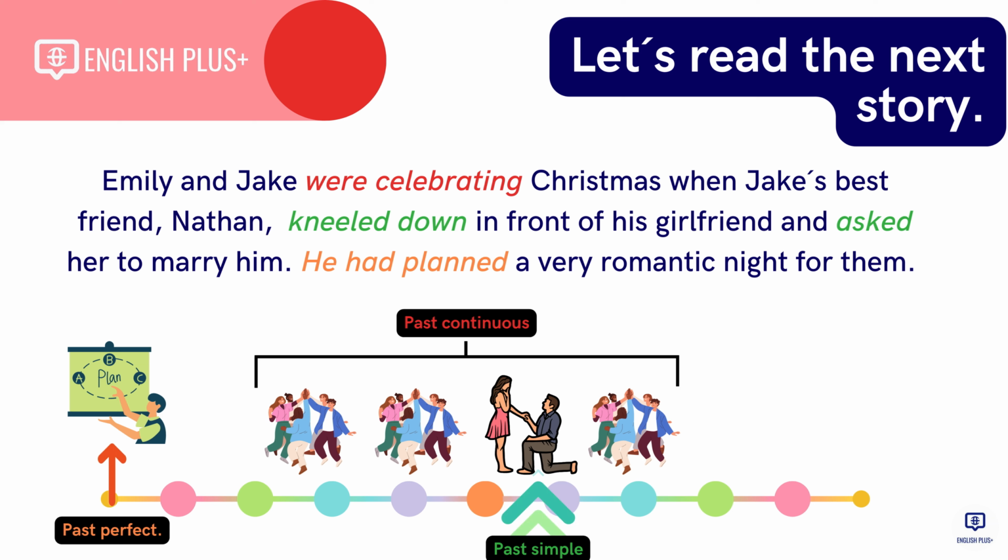I am also explaining some actions, but if you pay attention, these actions were not in progress. I am just expressing actions that happened in my story. What about the last structure? He had planned a very romantic night for them. In this part, I am trying to express that all this situation was planned before they were celebrating Christmas.